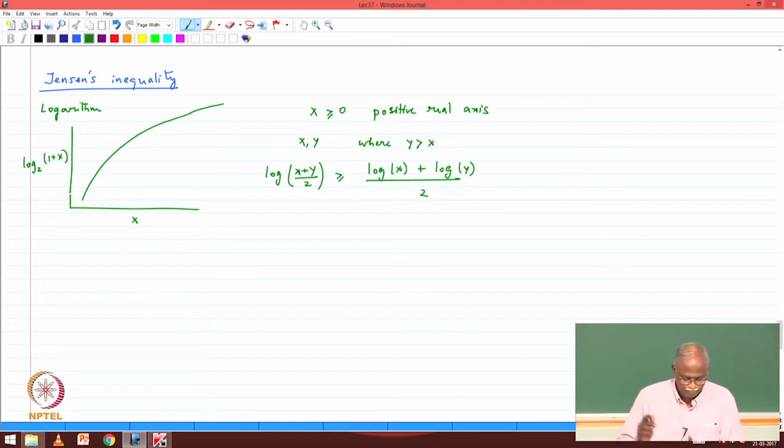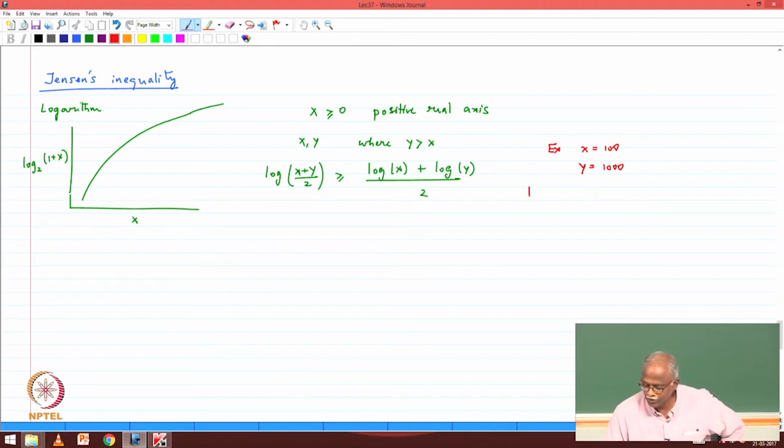Just to be sure that you are comfortable with the result, take x equal to 100, y equal to 1000. Then log base 2 of (x plus y) by 2, which is log base 2 of 500, you can verify is greater than (log base 2 of 100 plus log base 2 of 1000) divided by 2.